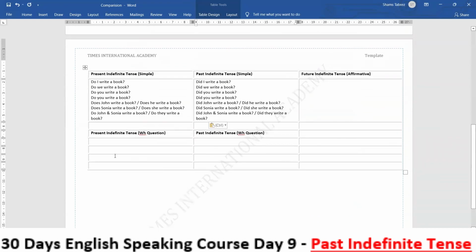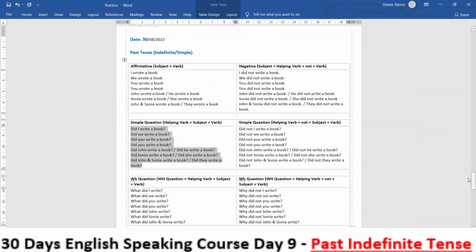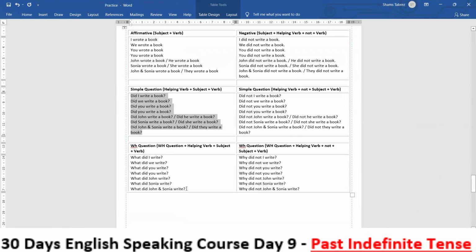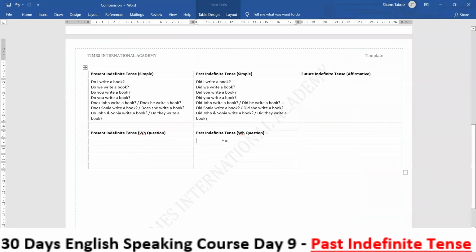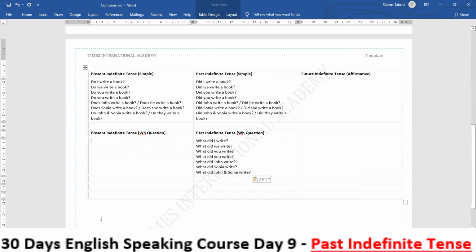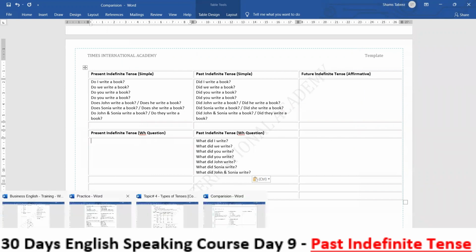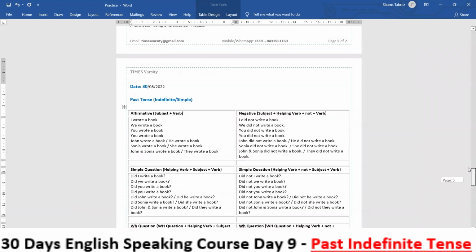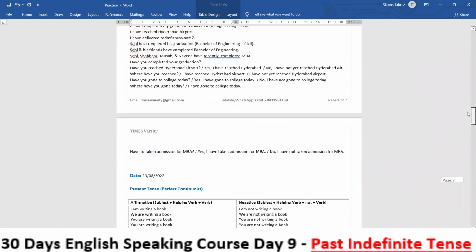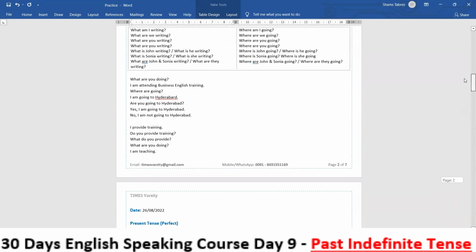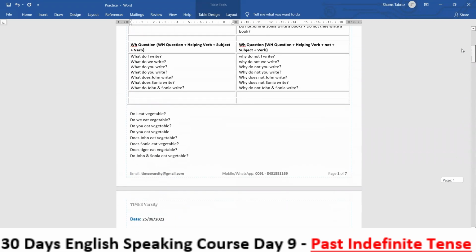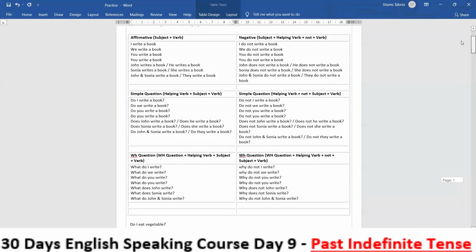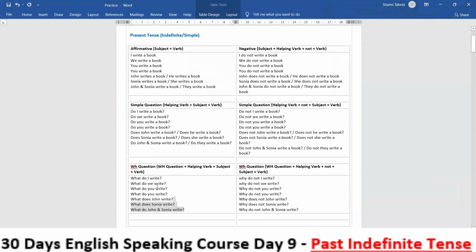And similarly, present indefinite WH question. So here WH question from past we have. So let's copy this one and put it in the past. And then for present, present indefinite WH question.